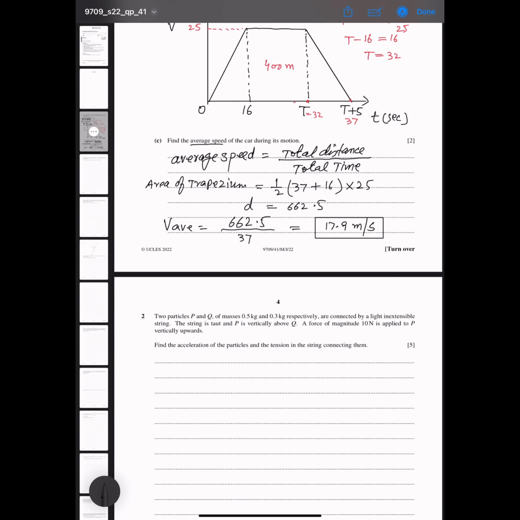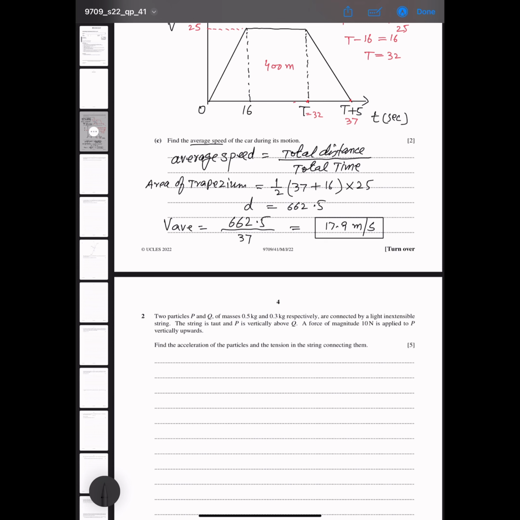Now next question number 2. Two particles P and Q of masses 0.5 kg and 0.3 kg respectively are connected by a light inextensible string.